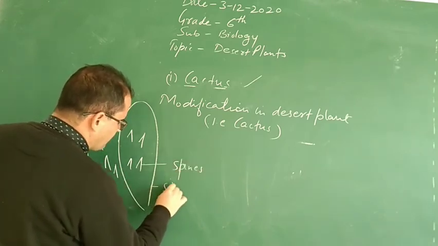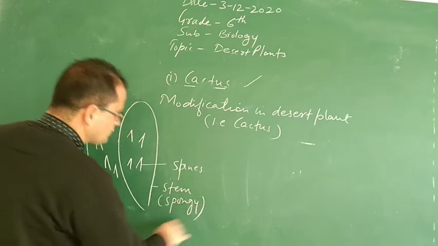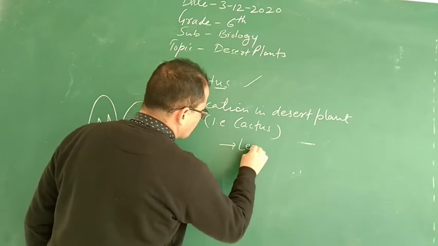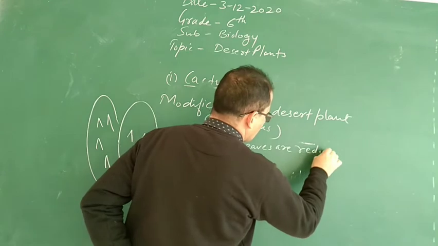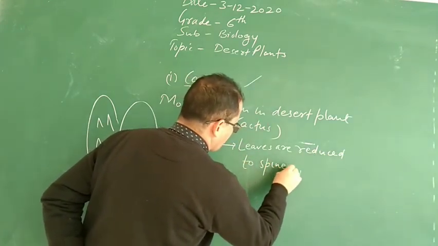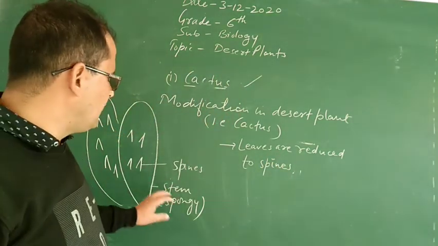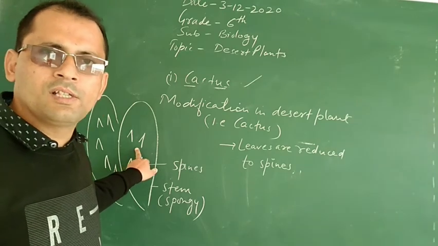This is the stem, which is spongy. So first point is leaves are reduced to spines. So in cactus, the leaves are reduced or modified or changed into spines.